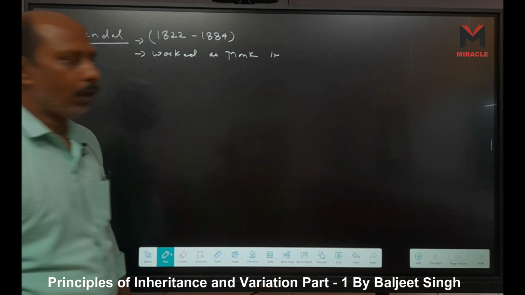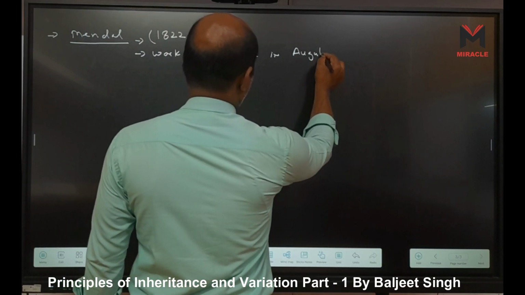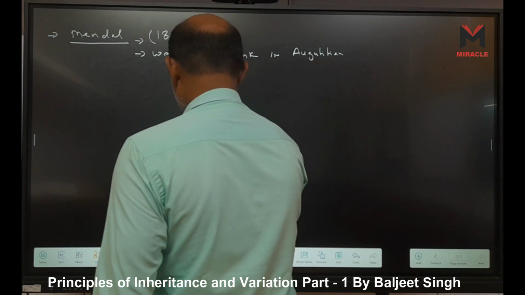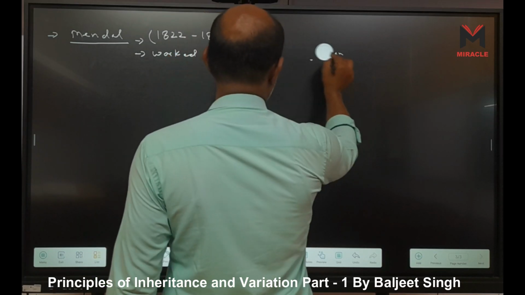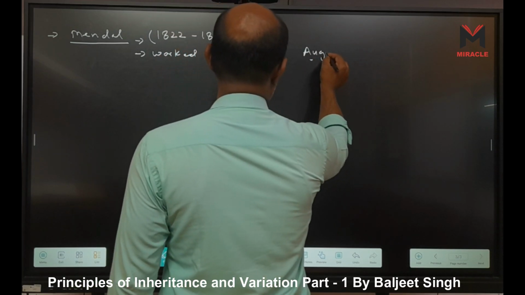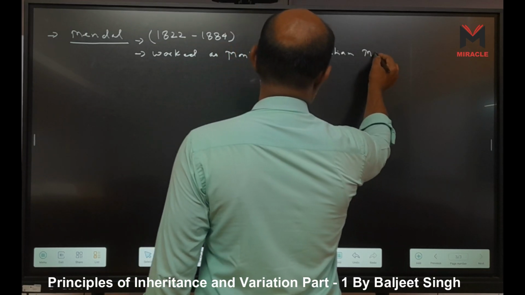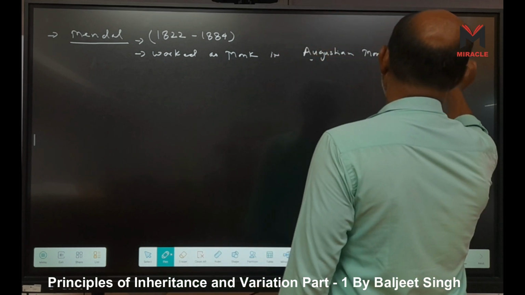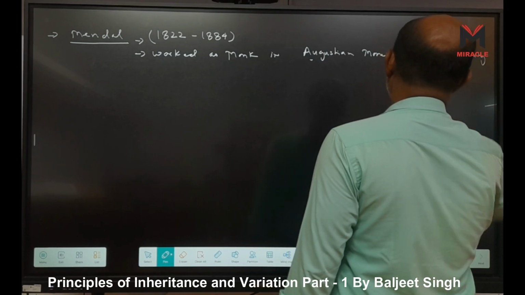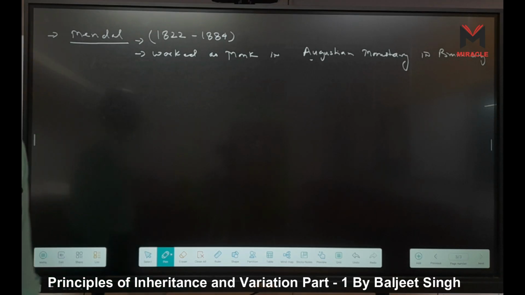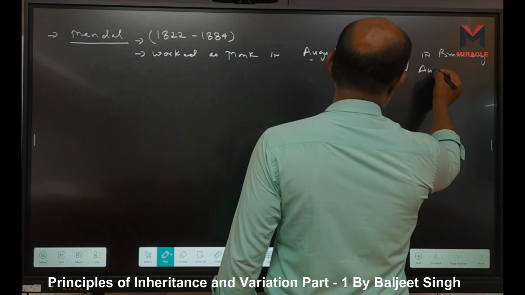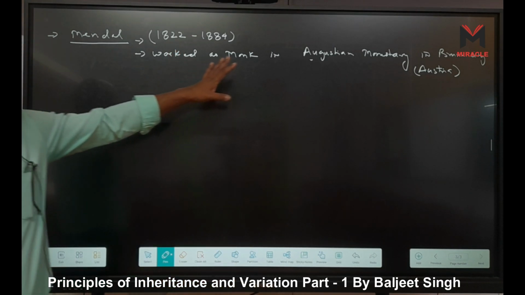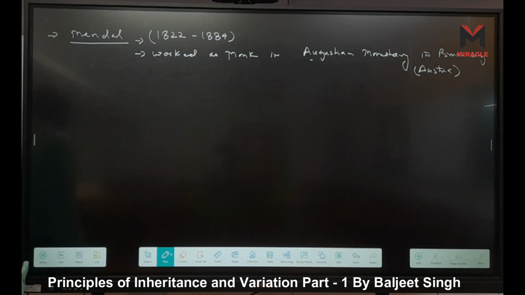This Brunn city is located in Austria, and all the experiments which he did were in this monastery.